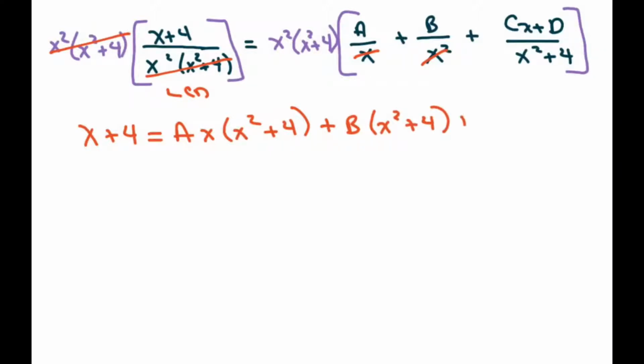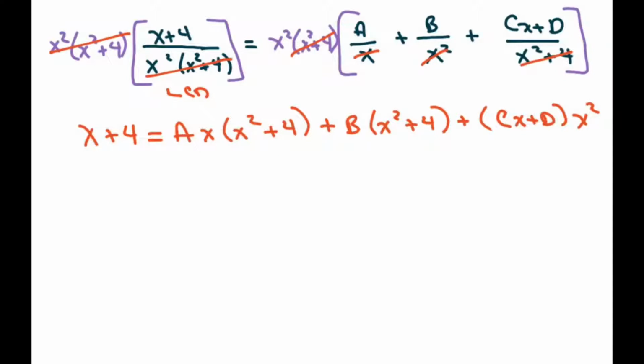And then for the C x plus D, these two cancel. So this looks like a parentheses. Let me write this a little better. So this is Cx plus D, and this is going to be times x squared.